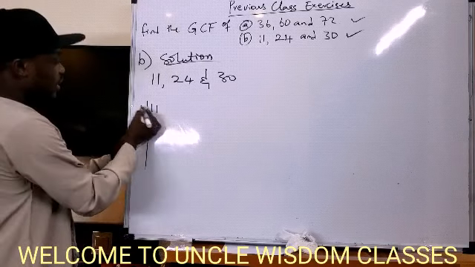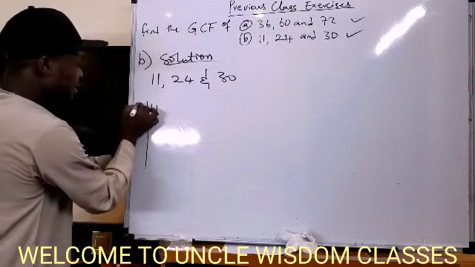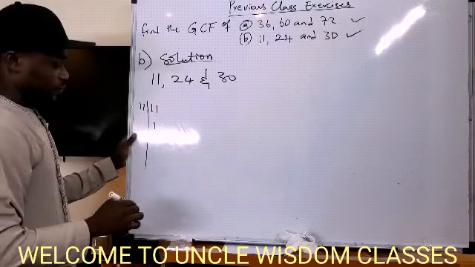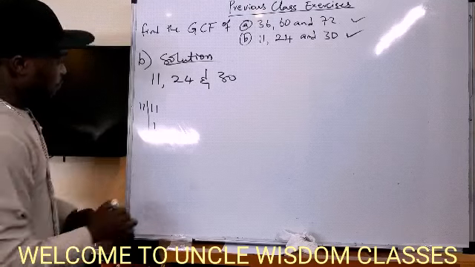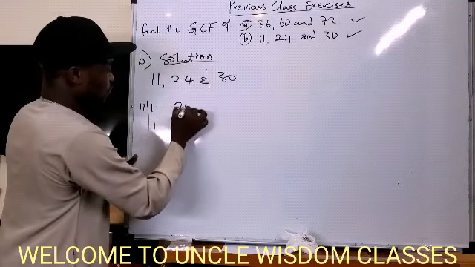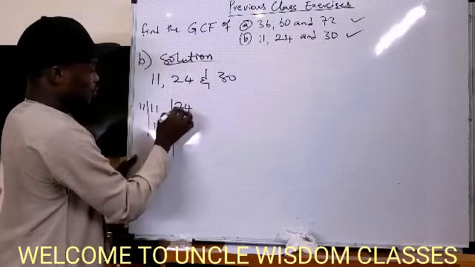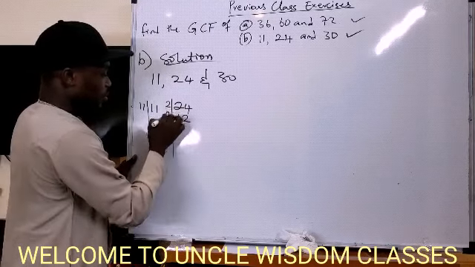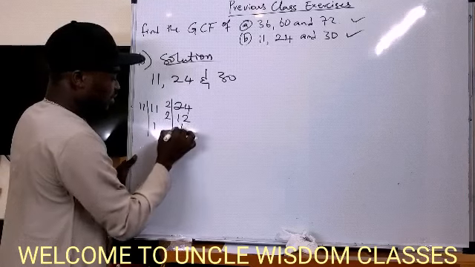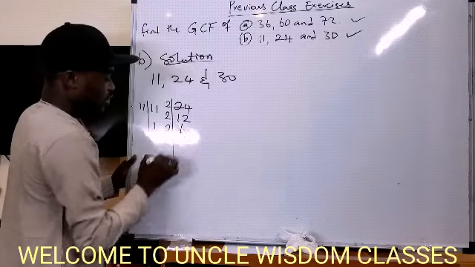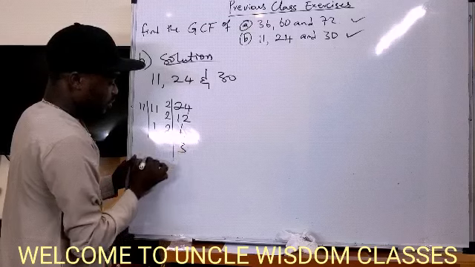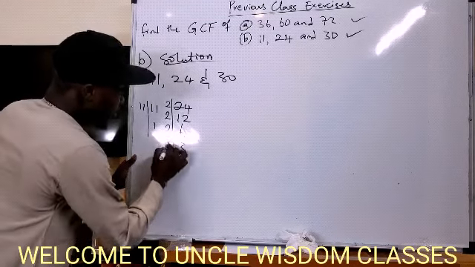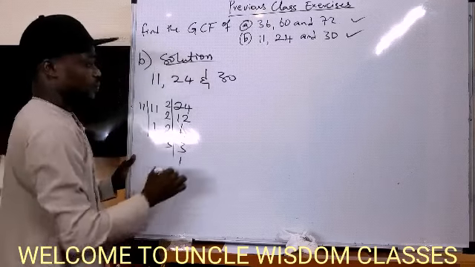There's no number that can divide 11 except 11. 11 divided by 11 will give us 1. So we'll take 24. 24 divided by 2 will give us 12. 12 divided by 2 will give us 6. 6 divided by 2 will give us 3. 2 cannot divide 3. Then 3 divided by 3 will give us 1.